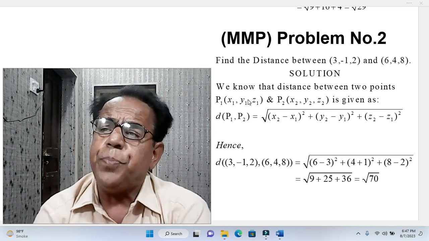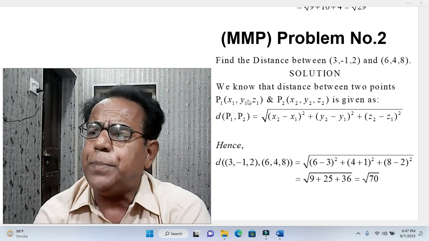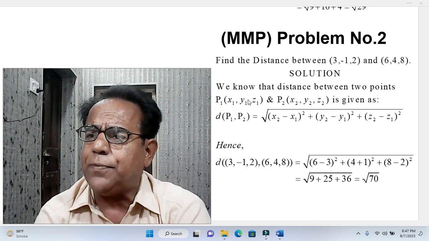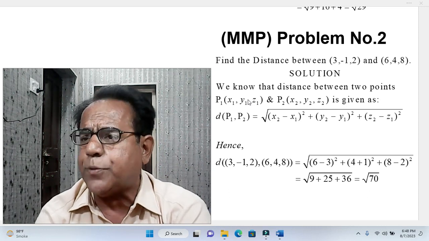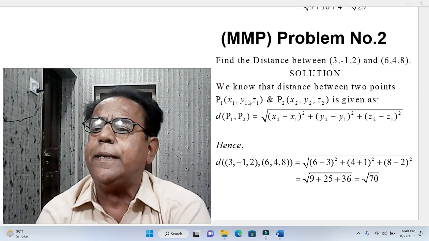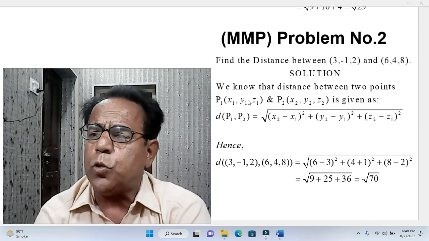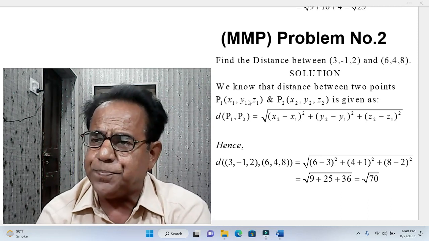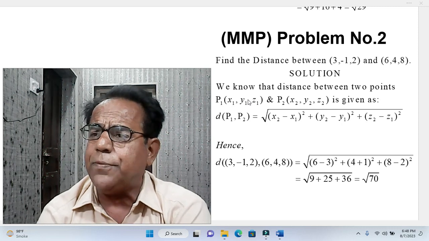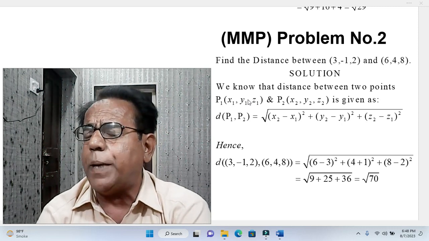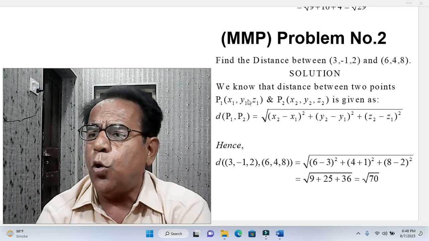So solution, we know that distance between 2 points P1 (x1, y1, z1) and P2 (x2, y2, z2) is given as d(P1, P2) equal to (x2 minus x1) square plus (y2 minus y1) square plus (z2 minus z1) square, whole under root.